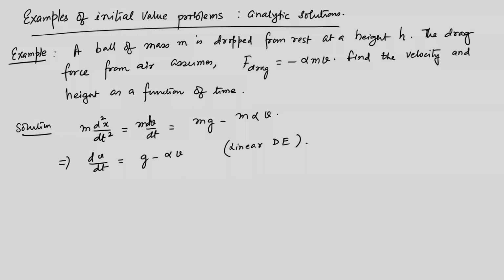It's given that it's dropped from rest, which means at t equal to 0, v equal to 0. It's at rest at t equal to 0, when it's initially dropped.